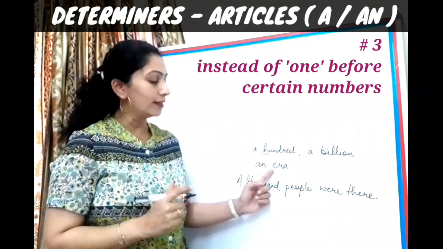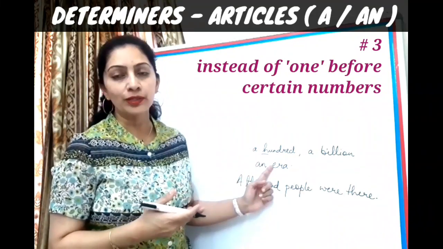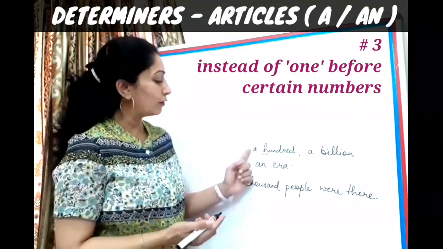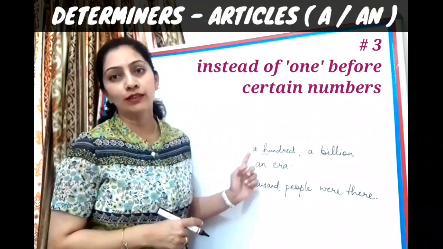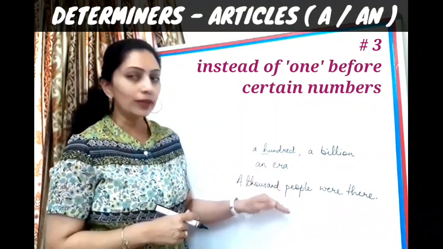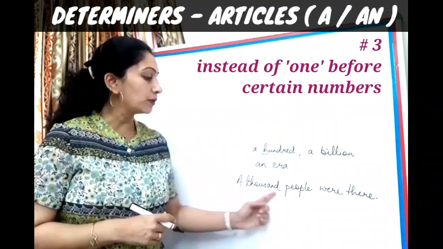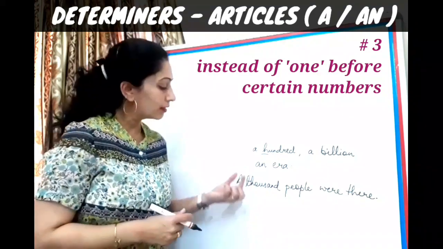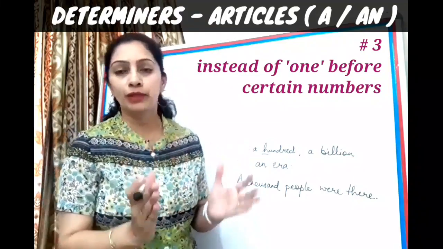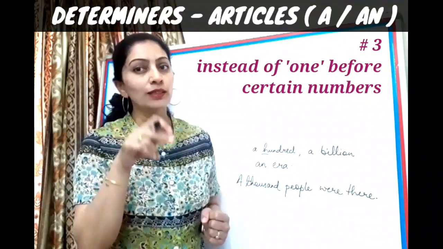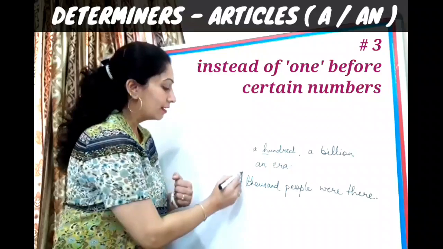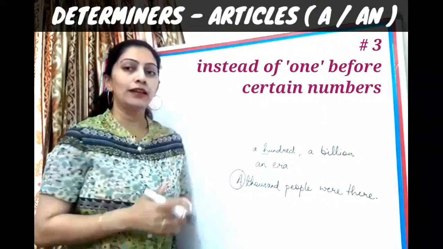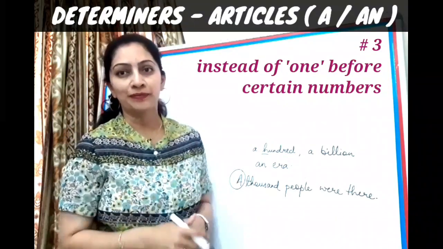Whereas in era, the starting sound is eh, which is a vowel sound. Therefore, I have used separate indefinite articles here. If you look at the sentence here, 1,000 people were there. In other words, it also means there were 1,000 people. Now, instead of using the word one, I substituted it with an indefinite article here.